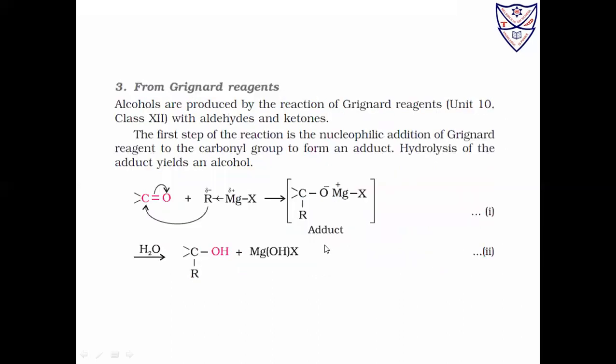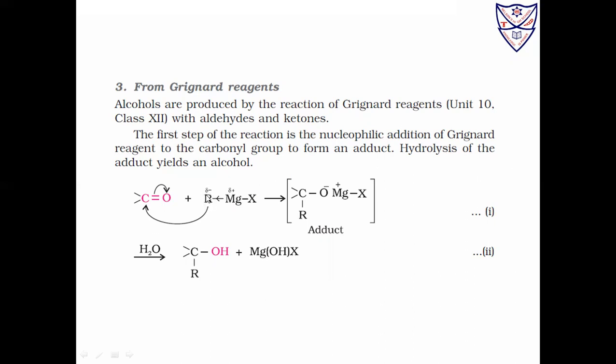Now the Grignard reagent is a very, very important topic. Alcohols are produced by the Grignard reagent. The first step for the ketone group is what? RMgX is a Grignard reagent. Here R has a partial negative charge and magnesium has a partial positive charge.